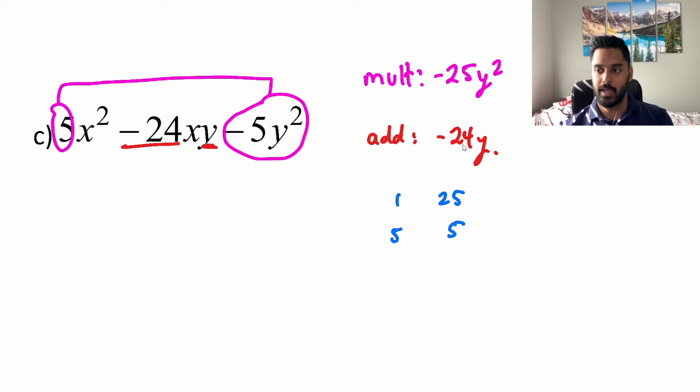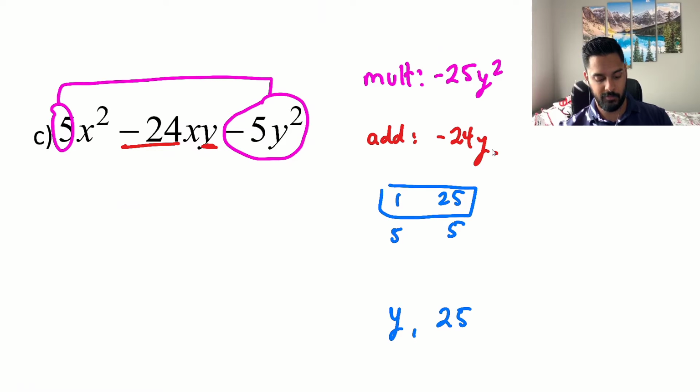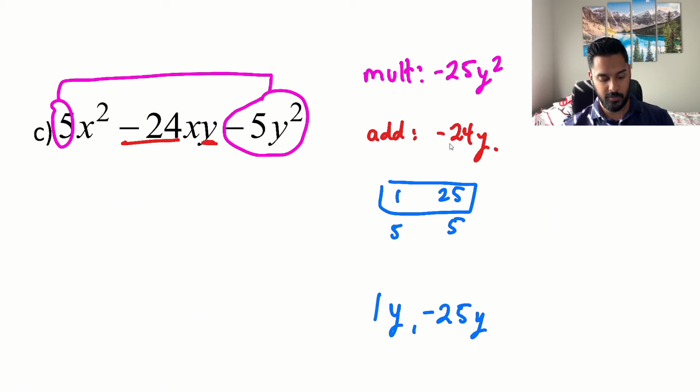Now if I need to add to 24, this is obviously my only choice, some combination of 1 and 25. But remembering that I have to deal with the y's as well, the things we need are a y and a 25y. Because y times y is y squared, and y plus y, well, they're like terms, so they have the same variable and it's the coefficient that we change. I need it to be a negative 24, so this should be a negative 25y multiplied with 1y.